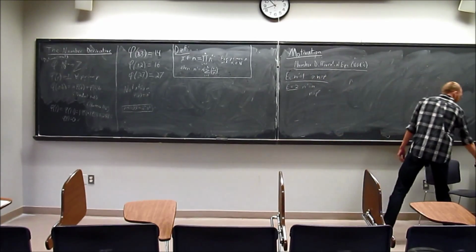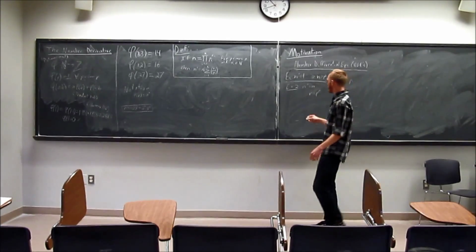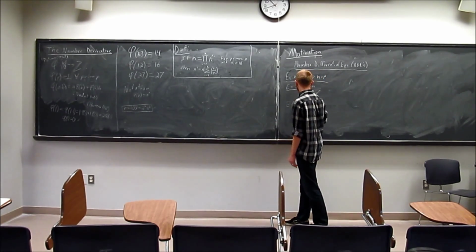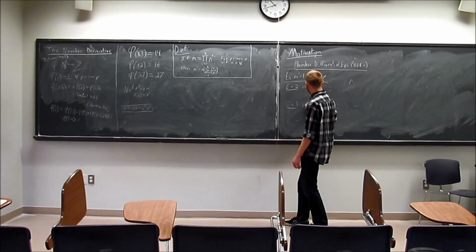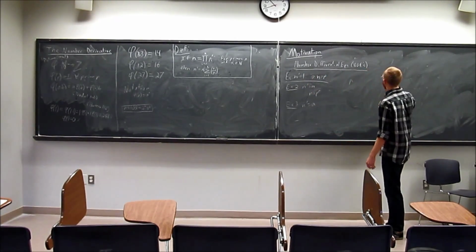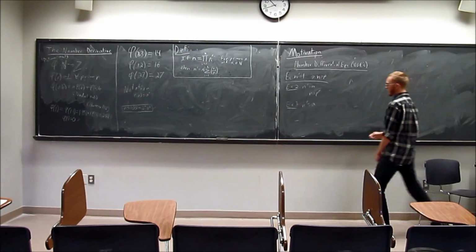All right. Then the really motivating one is the general case. So, example 3 and everything after that: n prime equals a for some given a. Why is this interesting?